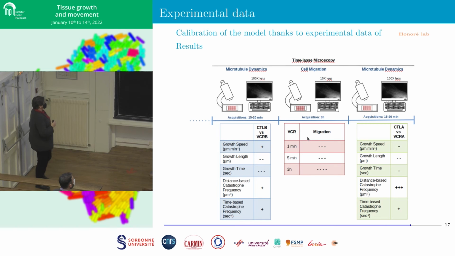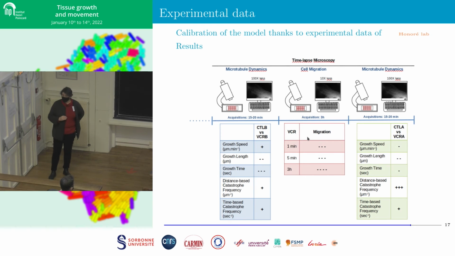You see that if you look at the red table, after 3 hours, we have a deep effect on the migration speed of the cells. The growth speed of the microtubules decreases, and the catastrophe frequency increases after the effect.